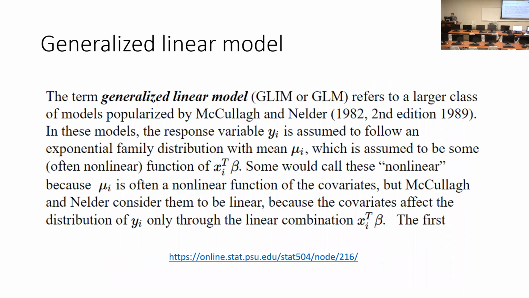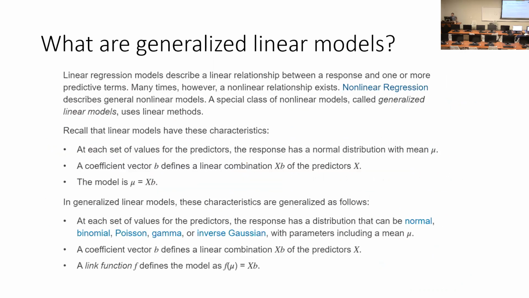This is a generalized nonlinear model. There is some discussion of what it is and what the difference is, and in the MATLAB documentation you will find a discussion of this as well.